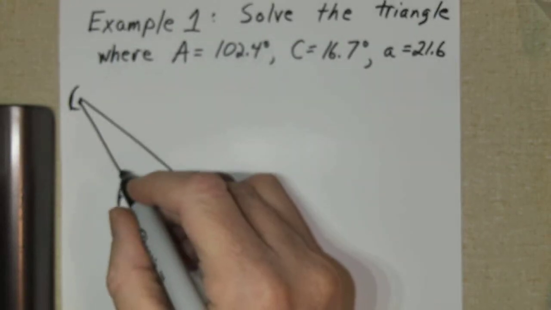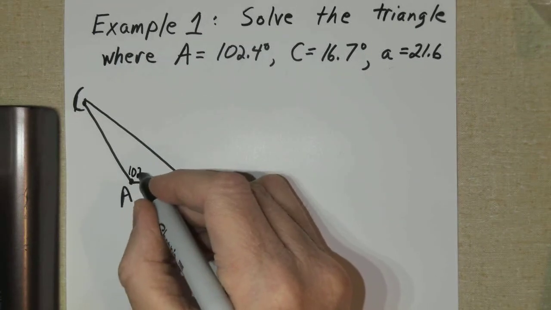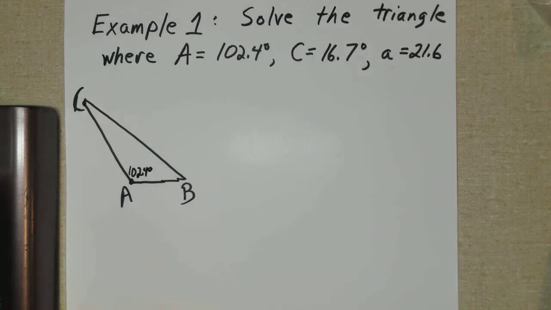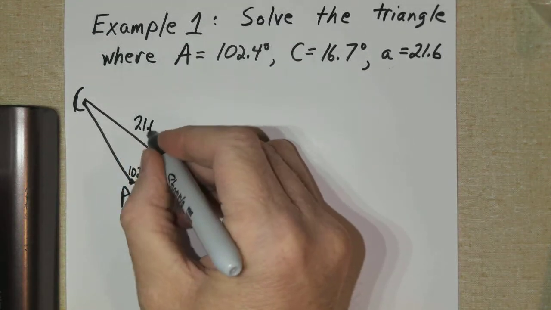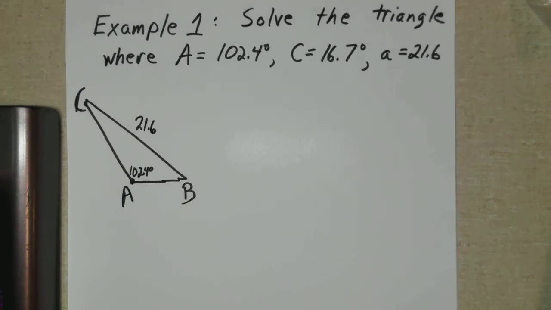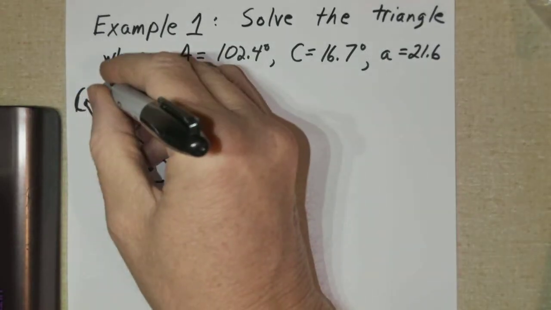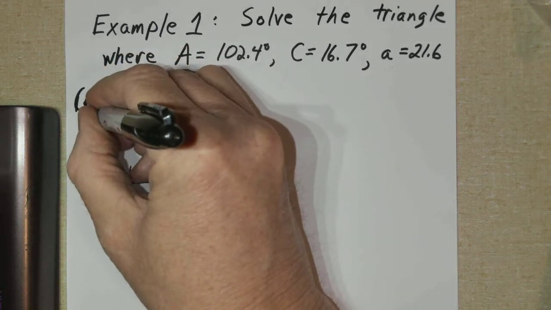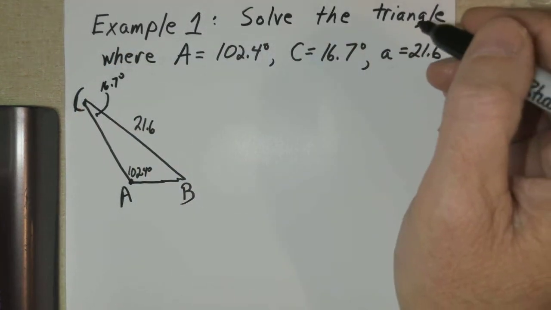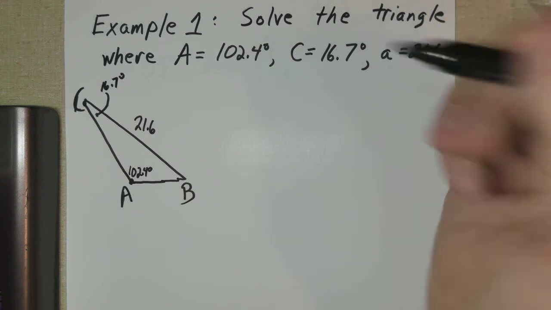And label 102.4 degrees here. For little a, I'm going to put 21.6 here. Angle C, 16.7 degrees goes right in there. And that's all the information we have.